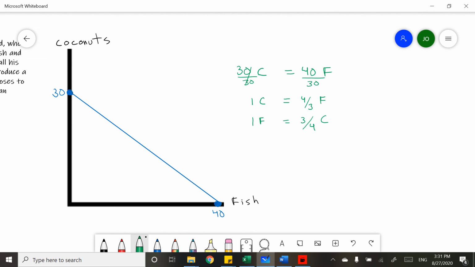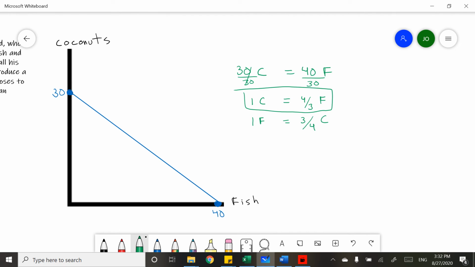And notice that the variables change. Here we're solving for C, and here we're solving for F. So how do we read this? Let's read this first statement. 1C equals 4/3 of a fish.